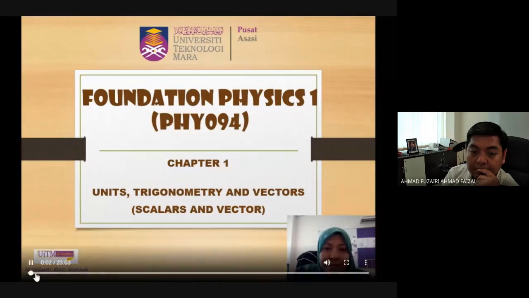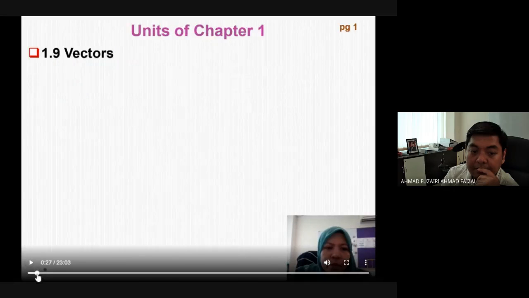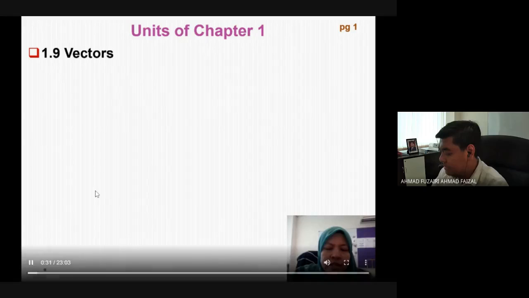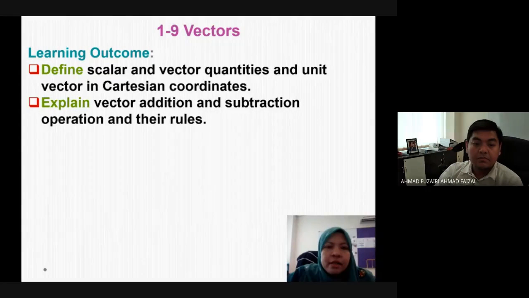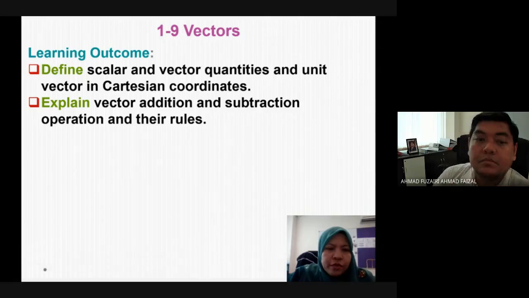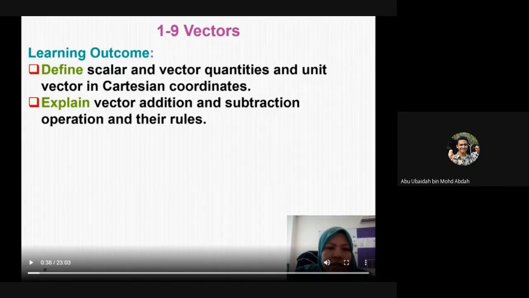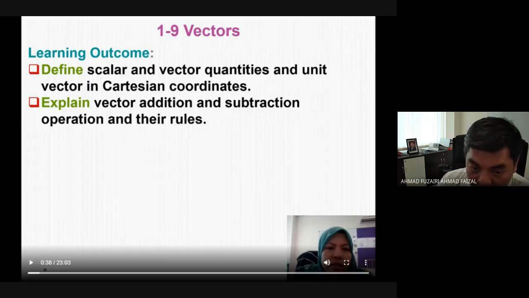Assalamualaikum and salam. And unit 0.9 is a vectors. So the learning outcome for vectors. So the first one here, define. I think some of you already learned the vectors using in your school days, especially in the form 4 physics and also at maths.